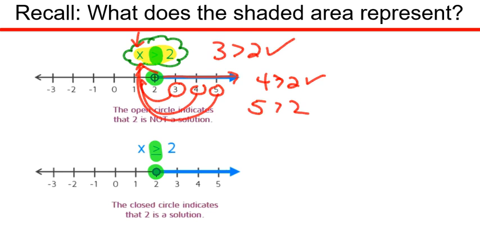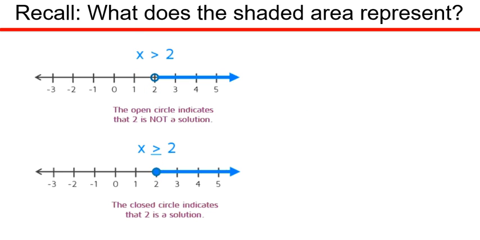All right, so we are going to talk a little bit about inequalities before we dive in, because we're going to be doing inequalities again today. You guys remember what inequalities are? They have these little symbols right here. Some of them have been underlined and some of them don't. So when we were doing the number line inequalities, if I had the symbol without the underline underneath it, I had an open circle.